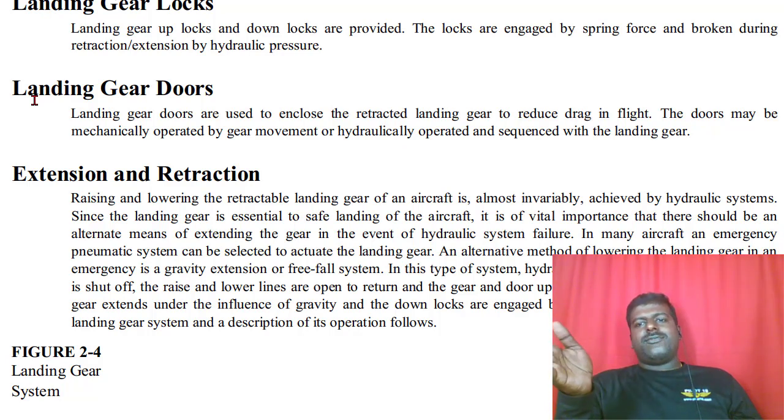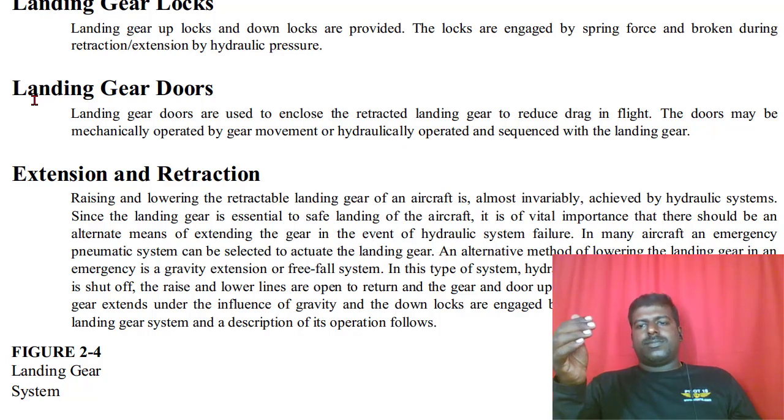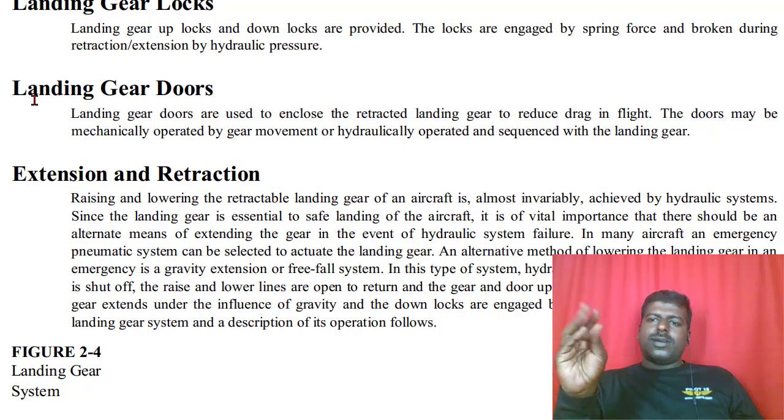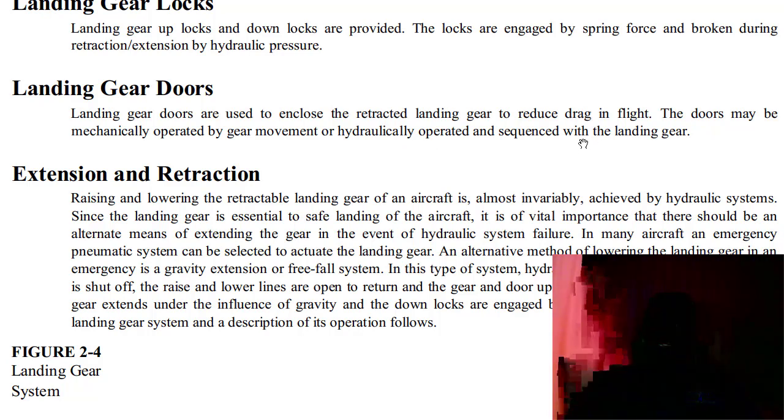So to avoid that, we provide it with landing gear doors. When the landing gear is in motion or if it is extended, then the door should be opened, and when the landing gear is up, then the landing gear door should be closed. The doors are also operated mechanically by some gear movement or some hydraulic operation or something like that.